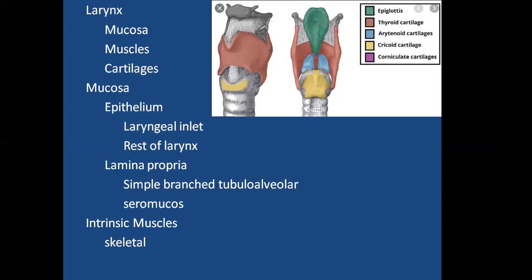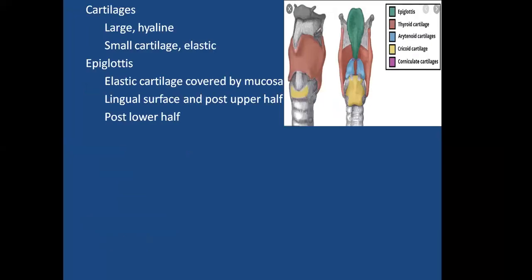Again, the lamina propria consists of simple branched tubulo-alveolar glands, and these glands are seromucous. Then there are skeletal muscles. You will discuss these muscles in the second year. After the muscle, they contain the cartilages.